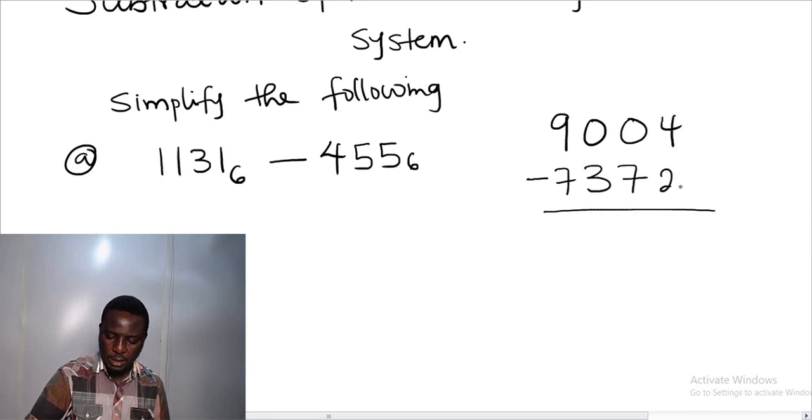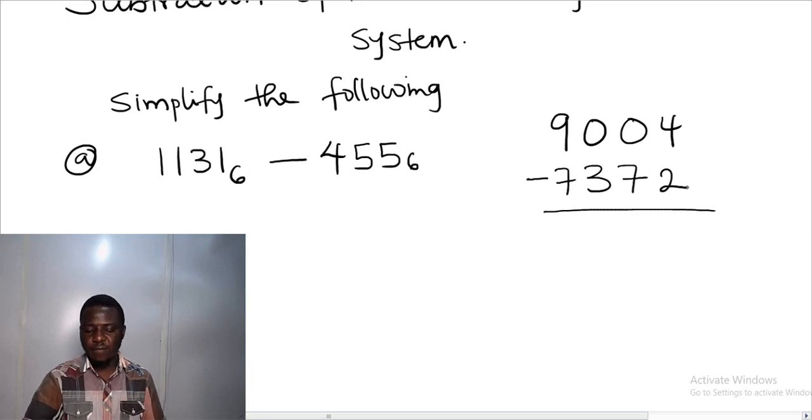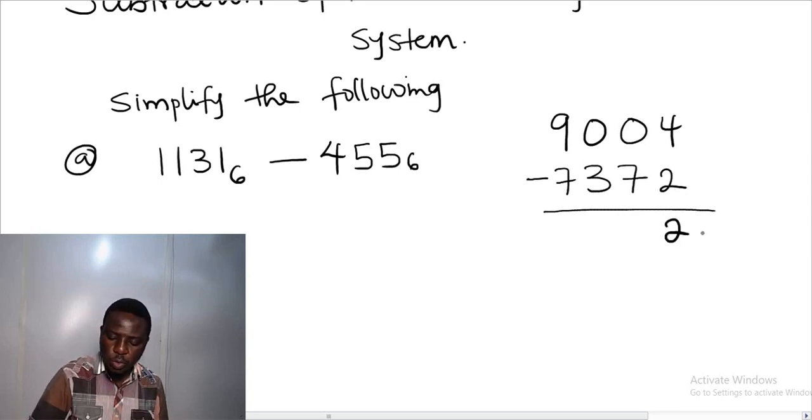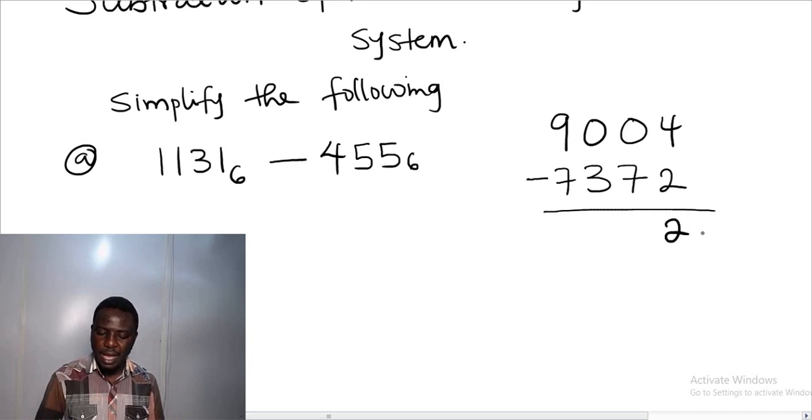Let's say 9004 minus 7372. When you are subtracting, you subtract the lower digit from the higher digit, right? That is 4 minus 2 in base 10 is said to be 2.